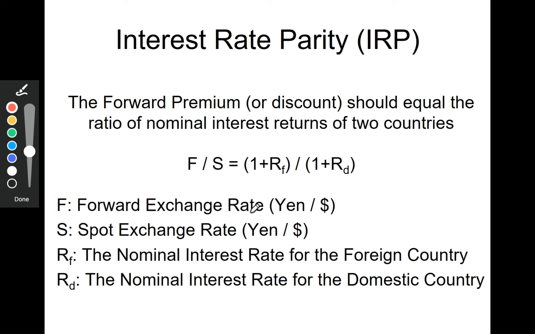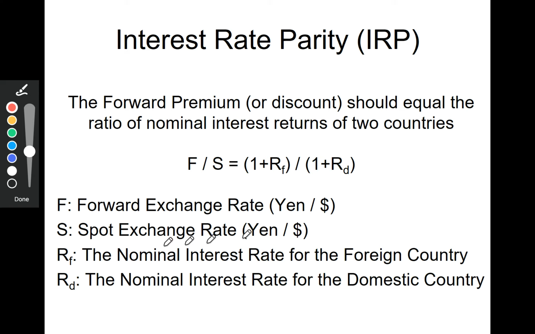Let's do an example of the two countries, Japan and US. This would be how many yen per dollar. For example, 117 yen per dollar is the price we pay in yen to purchase dollars forward, for example, 6 months from now. Then you go to S, which is the spot exchange rate.